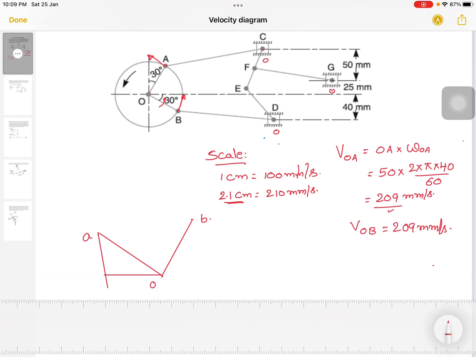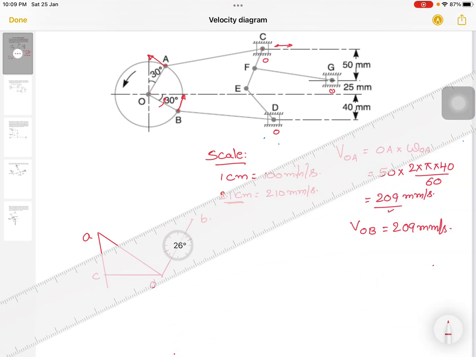The intersection point will be C. The velocity of a slider is always in the direction of the slider only, but if it is a turning pair, it will be perpendicular to that.